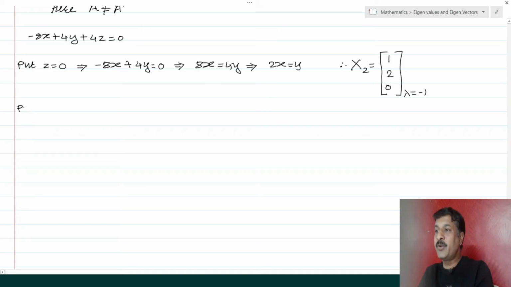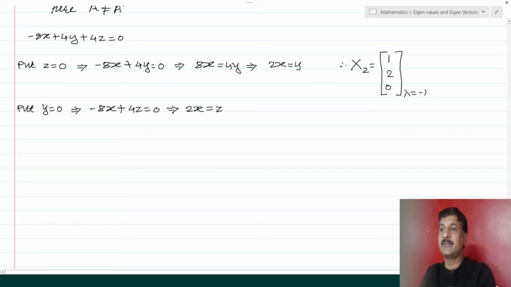And if we put y equal to 0, what do we get? Here minus 8x plus 4z equal to 0, and I am getting 2x equal to z, and therefore I will get x3.